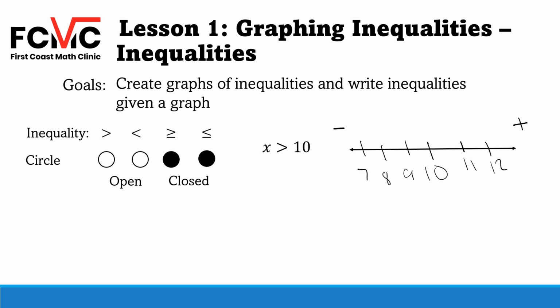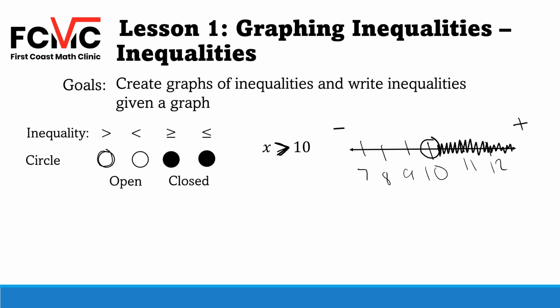Since x is greater than 10, we want an open circle. We're not including 10, so we want an open circle at 10. And x is greater than, so we shade in all the values that are greater than 10.